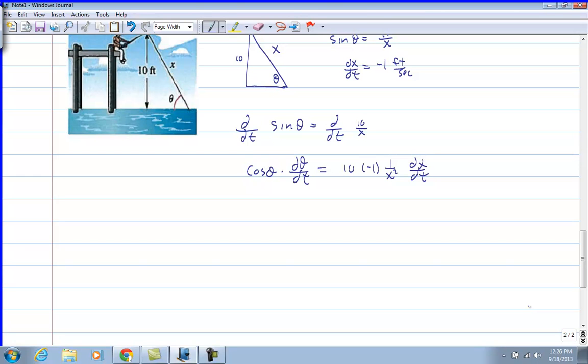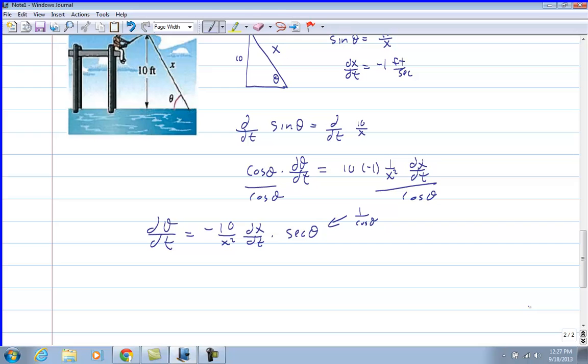Now we want to solve for d theta dt. If we divide both sides by cosine of theta, that's the same thing as multiplying by 1 over cosine, which is of course secant theta. So d theta dt is going to be negative 10 over x squared times dx dt times secant theta. Now we'll put some numbers to this.